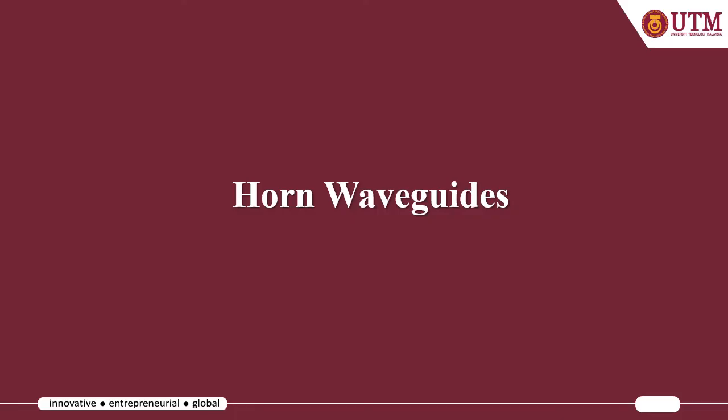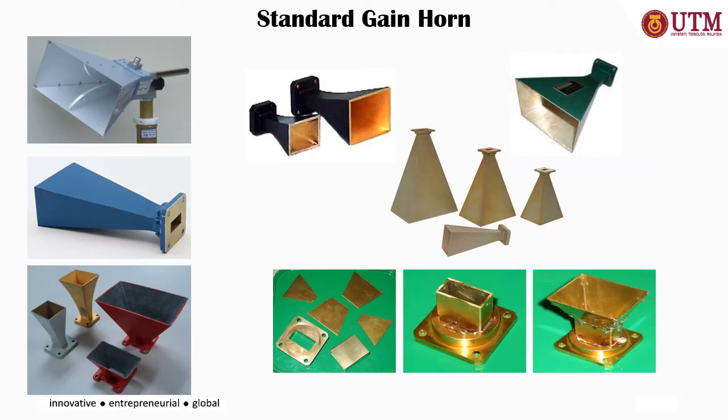Okay, next is the horn waveguide. So I believe that you have seen this kind of waveguide in your third year PBL lab, in which during the lab you are required to design a horn antenna to achieve certain gain and also targeted frequencies, and you have played around with the width and the height of the horn to get the response or the performance as required.